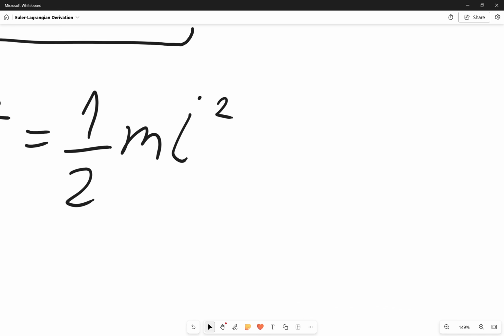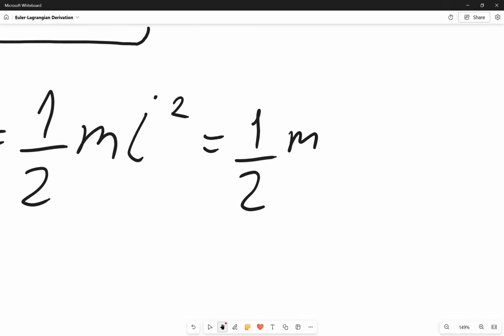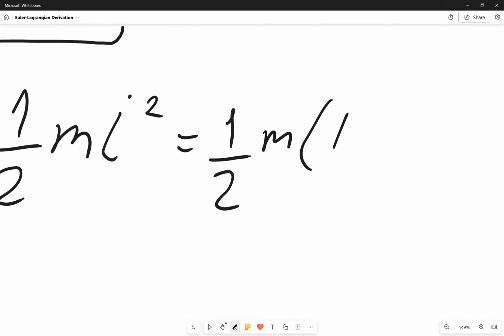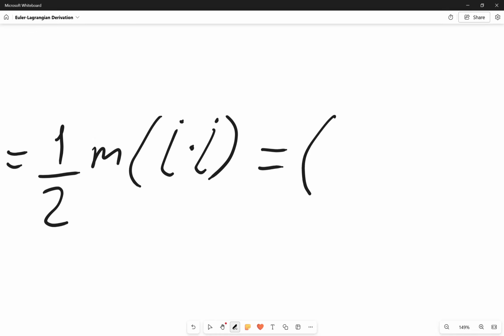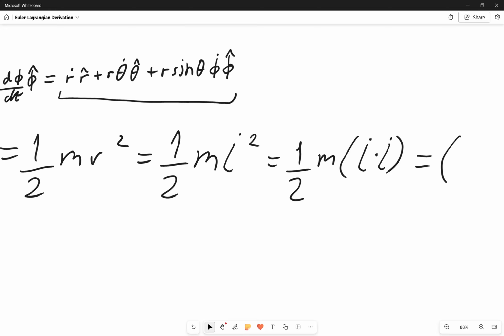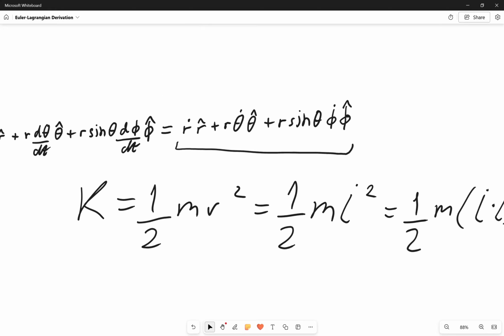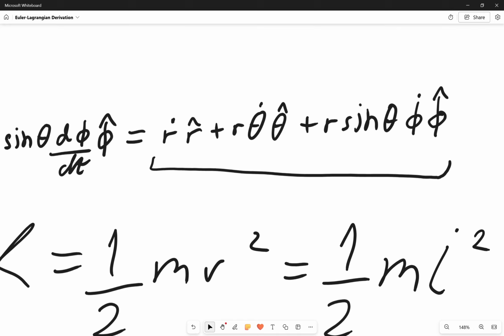Now, before going any further, I am squaring a vector, and to square a vector, you have to take the dot product of itself. Newton's notation helps a lot to not write this long vector. I'll just copy and paste it within the parentheses.